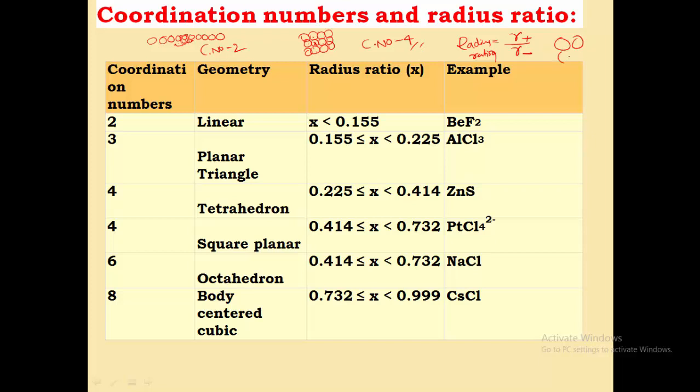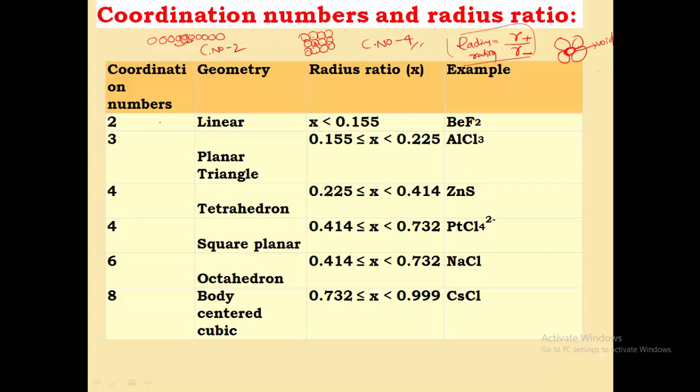If there is a void, every particle will not fit; only certain particles will enter that void, and to fit into it they must have a certain size. That can be calculated by the radius ratio, which helps to determine whether the particle fits into that void or not.